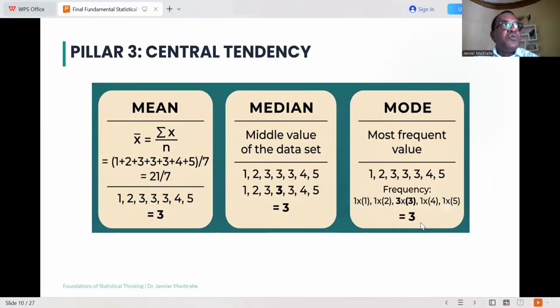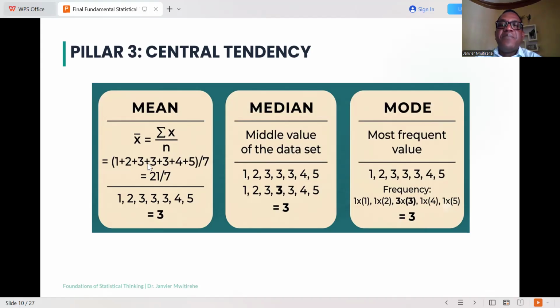Let us now go to computation of the central or typical values that we have just defined. The mean, as I said, it's a matter of adding the values of the data set and dividing by the number of them. Let us assume we have information on the number of children per family.